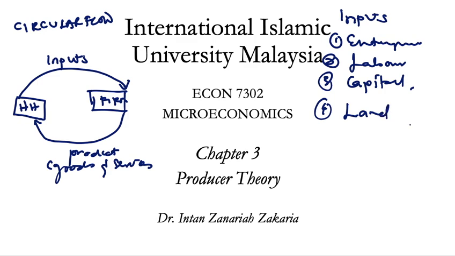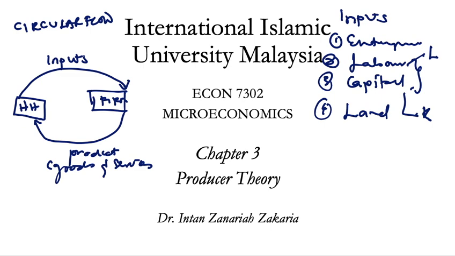Of course we can have raw materials here, but this is the very basic thing that you learn in your first year. But anyway, the most discussed inputs in the study of economics are two. They are labor and capital. So usually labor is denoted as L and capital is denoted as K. So this is the basic that I want to emphasize.